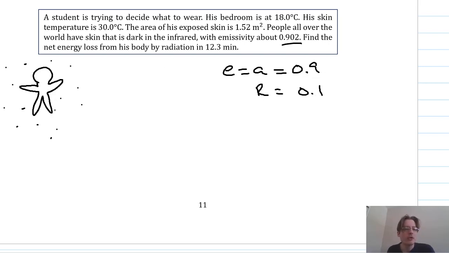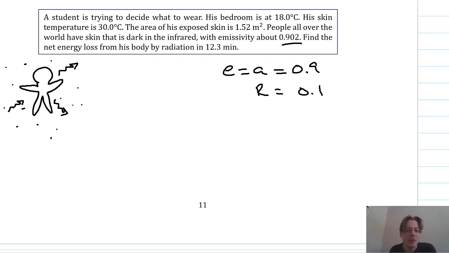Okay, so we're looking at the net energy loss. Now, you've got to remember that, yes, we're emitting heat out with an emissivity factor of 0.9. We also absorb some, because it's not like we're in a vacuum at absolute zero around us. The air around us sends some radiation into our bodies as well.